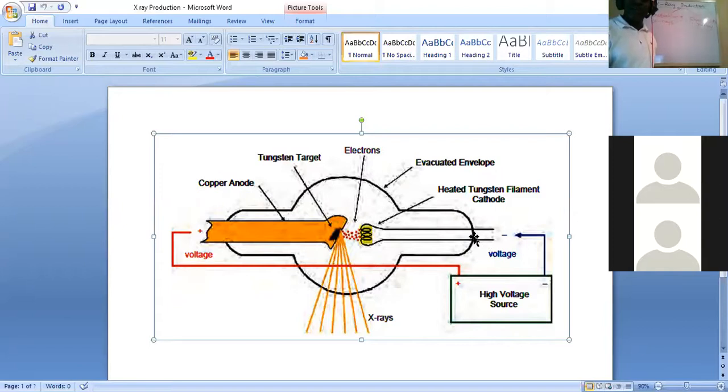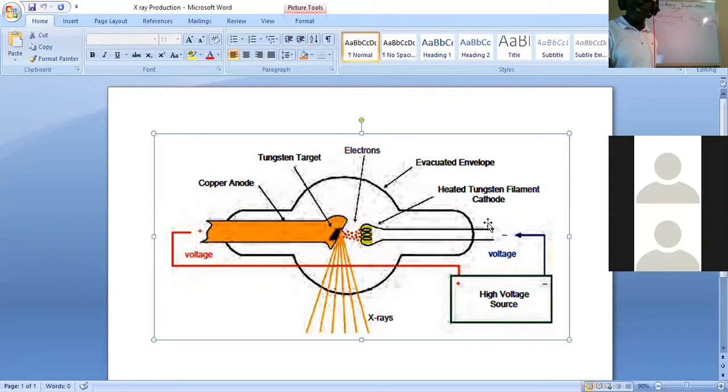When we apply a voltage between this cathode and the anode, or even before then, we have the negative and the positive terminal here.